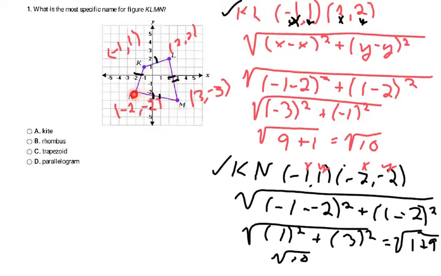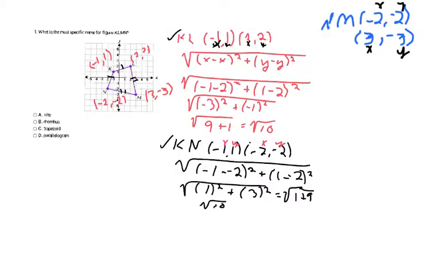Then I would want to check out the other two also. I wrote down the coordinates of N and M and labeled them x and y so I don't get my numbers confused. I'm going to subtract my x's, so it's -2 minus 3, squared. Then I'm going to subtract my y's, using the same distance formula from before, -2 minus a -3, all squared.